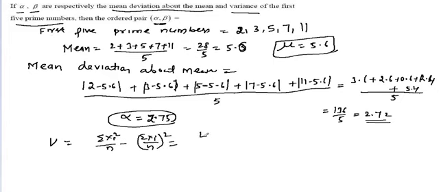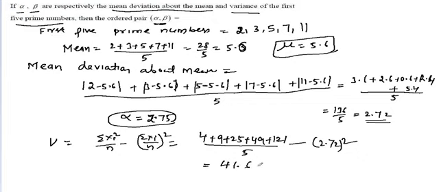Sigma xi square is 4 plus 9 plus 25 plus 49 plus 121 by 5 minus sigma xi value, that is 2.72, that is 2.72 whole square. 121 plus 49 is 170, plus 25 is 195, plus 4 is 199, 203 by 5, that is this total value is 41.6 minus 2.72 whole square.